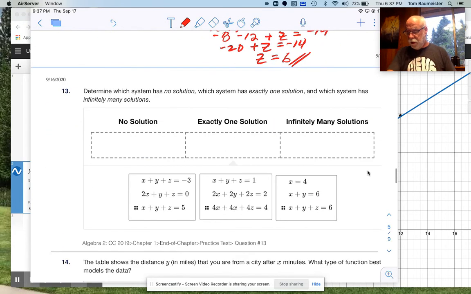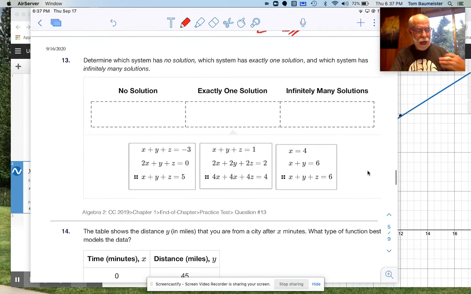All right, number 13. Determine which system has no solution, which system has exactly one solution, which system has infinitely many solutions. So again, I kind of showed you right here on this one. Again, choose which one you want. Since I saw that x here had a number, I said, oh, hey, the next one has just 2 of them. So if I put 4 plus y is equal to 6, then that'll give me that y is equal to 2. All right.